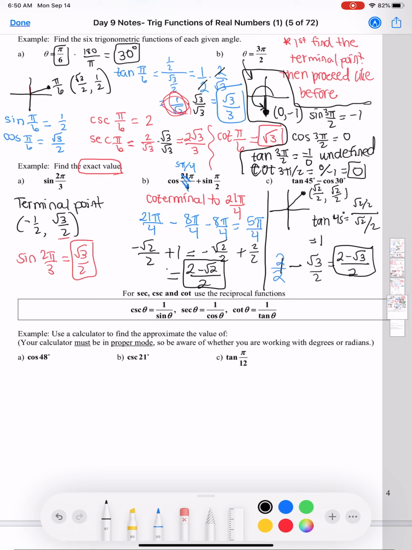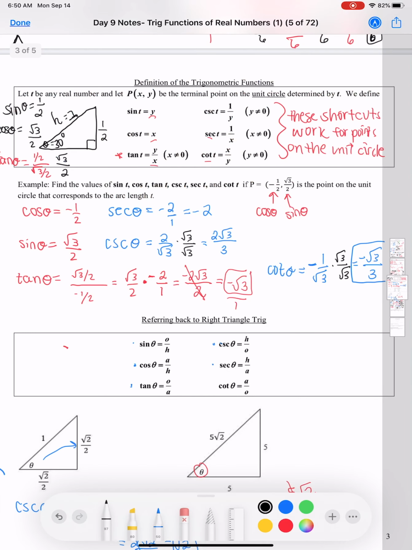Okay, so for secant, cosecant, and cotangent, we know we use the opposite, so the reciprocal functions. So cosecant, we already mentioned earlier how that's opposite of sine. So notice it was just sine flipped around. So instead of y over 1, it's 1 over y.